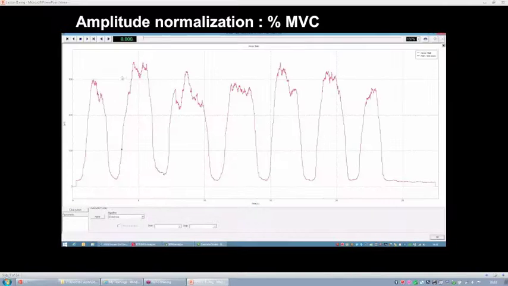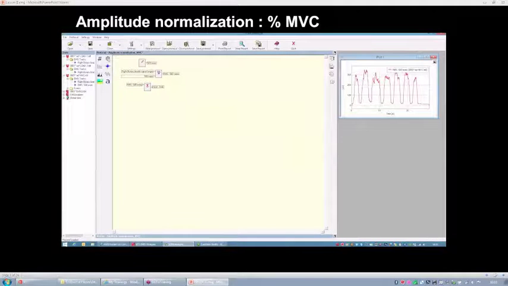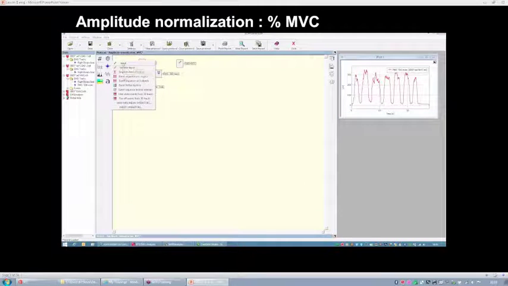So I will consider the global peak, and I will compute the average around plus 500 milliseconds, minus 500 milliseconds, so a time duration of 1 second. Now I'm defining the duration of the period in which to compute the average value for the root mean square.